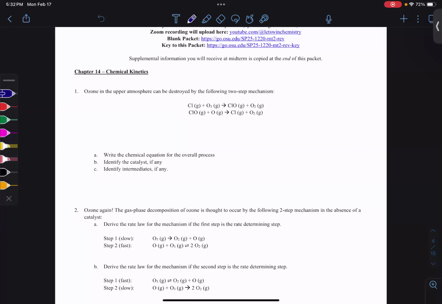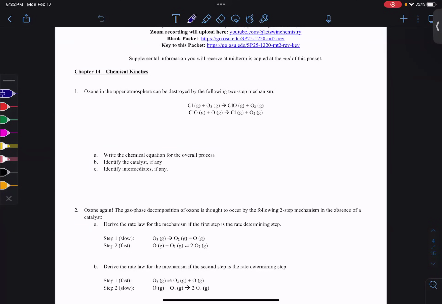So mechanisms can be more than one step. Oftentimes they are multi-step. And so how we approach rate laws is we always look for the rate determining step. So the slowest step is always the rate determining step that dictates our rate law.